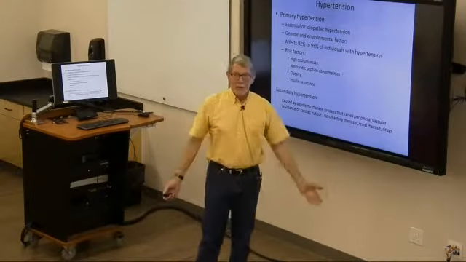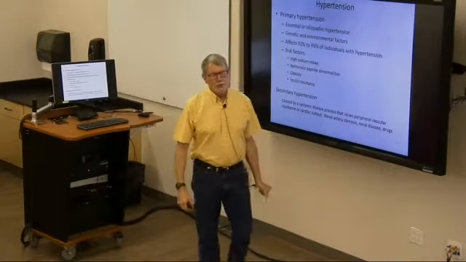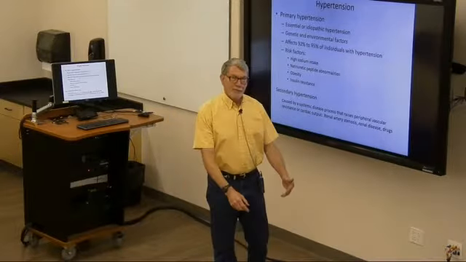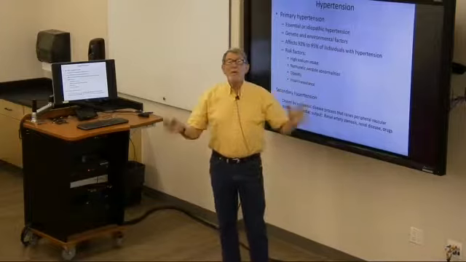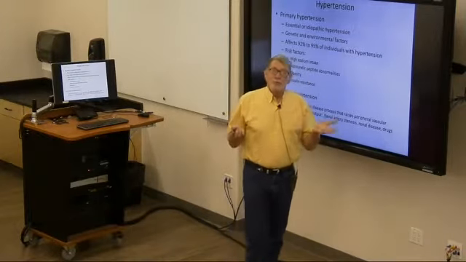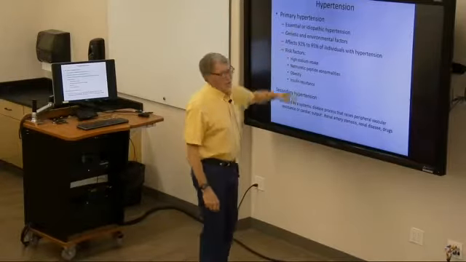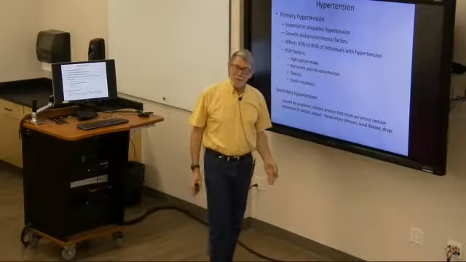Hypertension, high blood pressure, is a chronic problem in Western civilization. We're too heavy. We don't exercise enough. We eat too much salt. You name it. Our blood pressure has gotten higher and higher over the decades. Primary hypertension means that you have hypertension even if you're not sick from anything else.